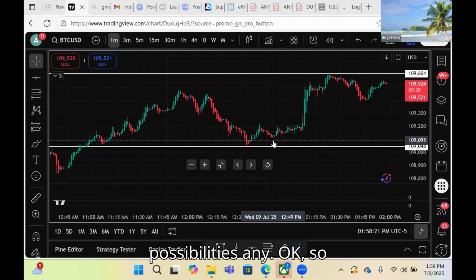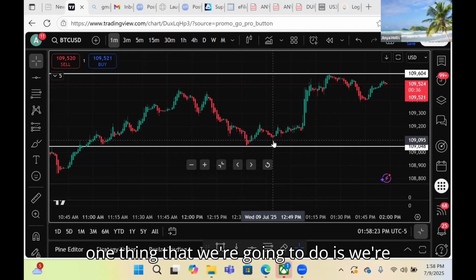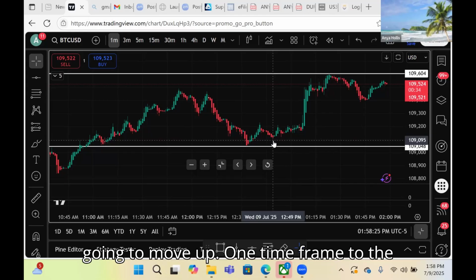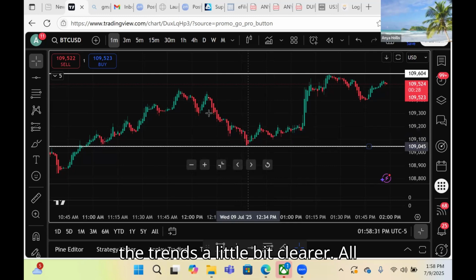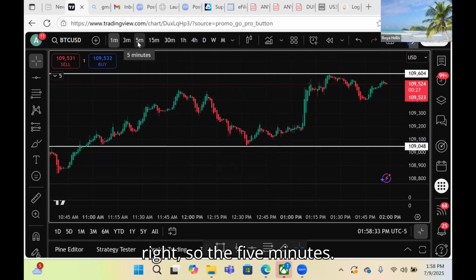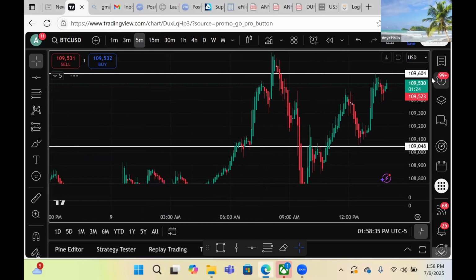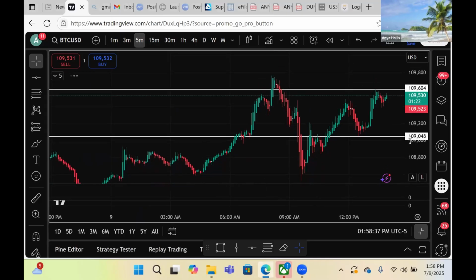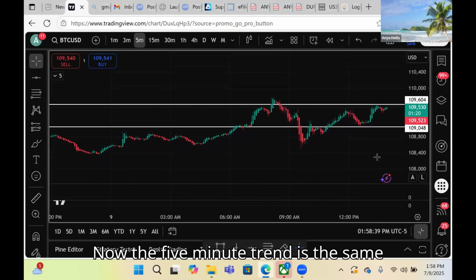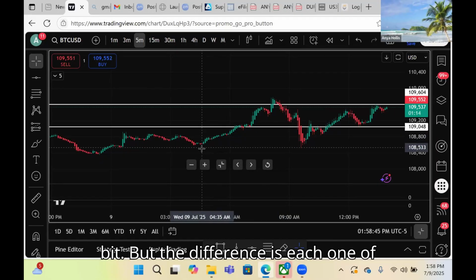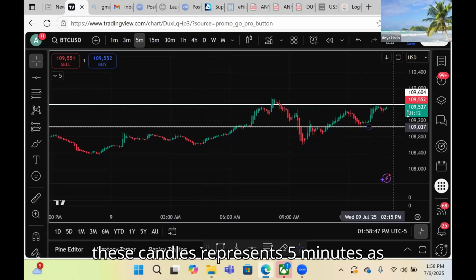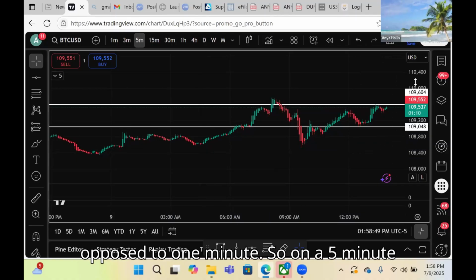Okay. So one thing that we're going to do is move up one time frame to the 5-minute time frame so that we can see the trends a little bit clearer. All right. Let's go to 5 minutes. Now, the 5-minute trend is the same thing, but the difference is each one of these candles represents 5 minutes as opposed to 1 minute.